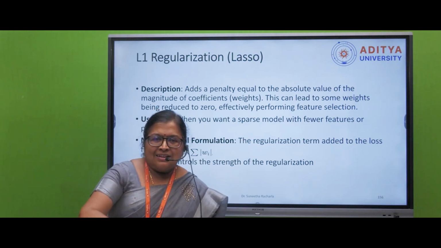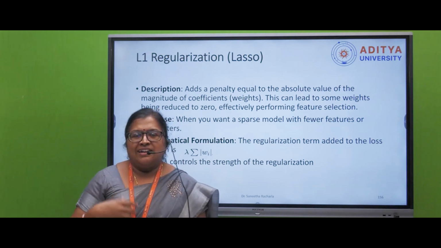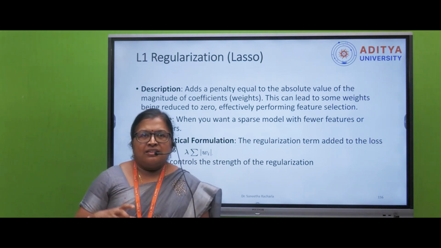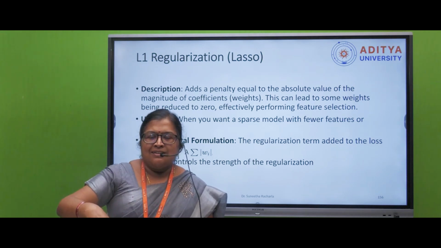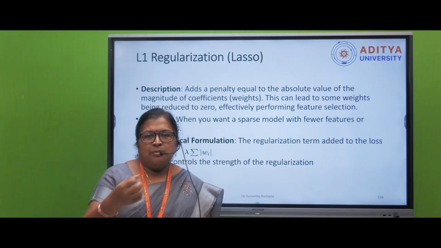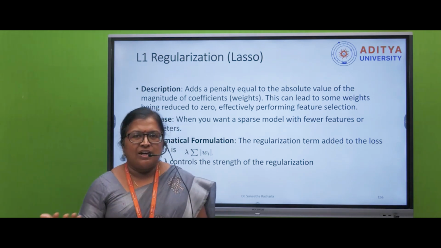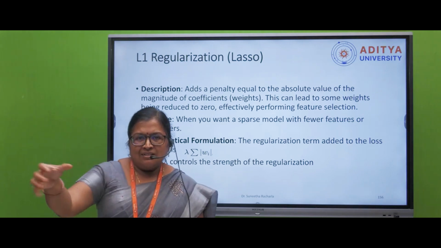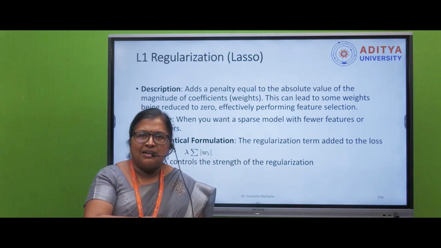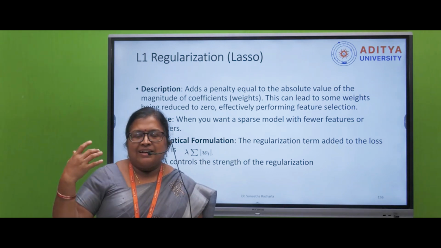Your regularization as a coach will tell those nodes that if you are not completely participating in the training or team activities, you will be benched. That's what L1 regularization will do. If still those nodes are not participating well, then they will be removed permanently and kept aside. It will just treat them as dead nodes.